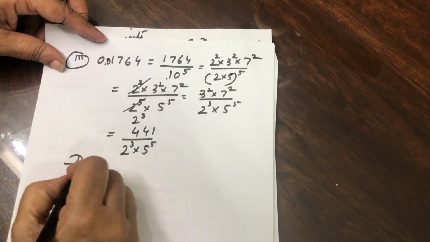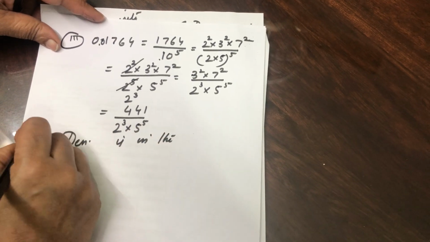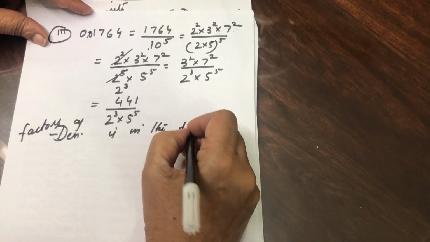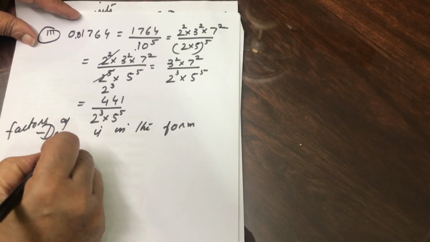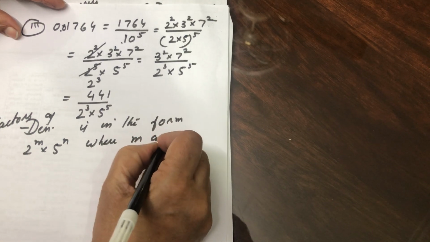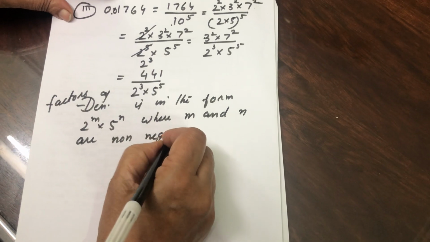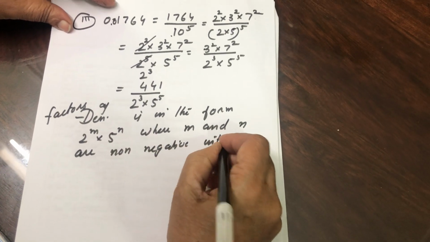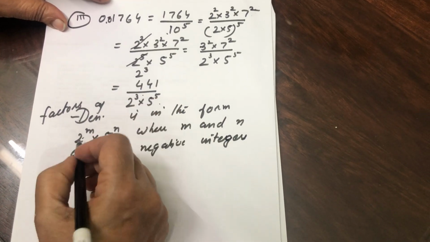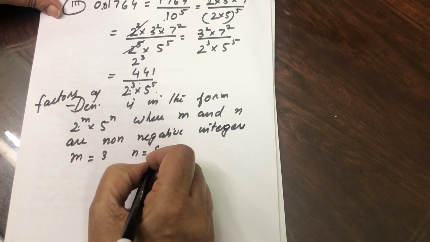That is 441 divided by 2 raised to 3 into 5 raised to 5. Here the factors of the denominator are in the form of 2 raised to m into 5 raised to n, where m and n are non-negative integers. Here both 2 and 5 are present. Comparing with 2 raised to m, 2 raised to 3, m is 3 and n is 5.